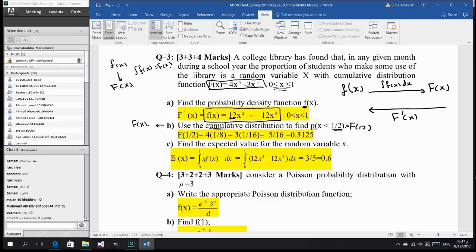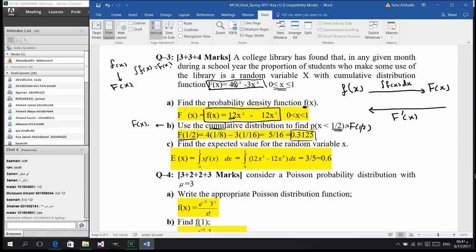So it's nothing but f of half. Substitute in this function, x changed to half. So 1 over 8, 1 over 16, multiply, get the result. So this is the f of half.